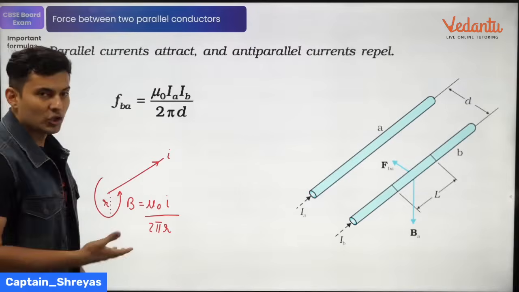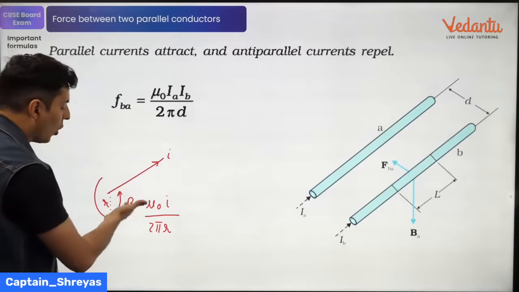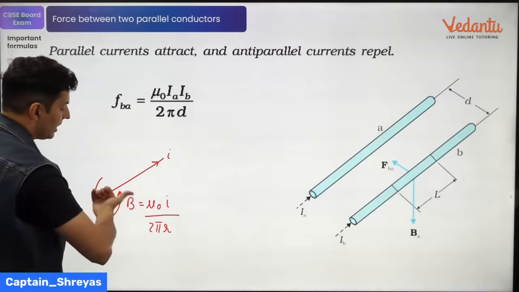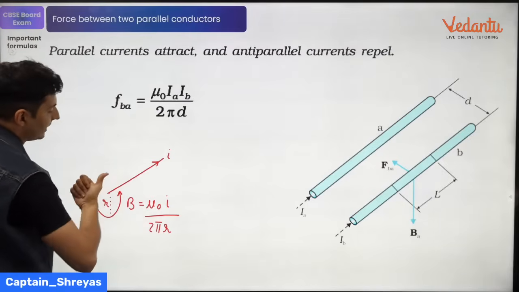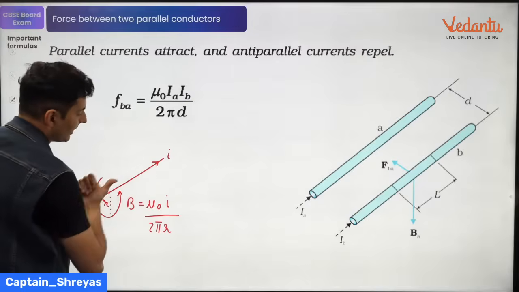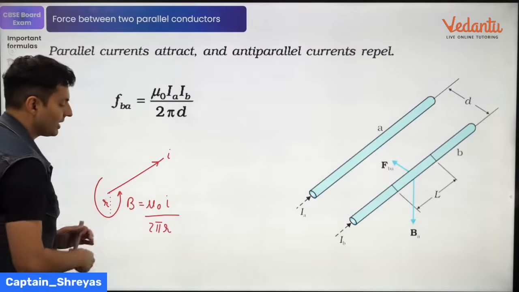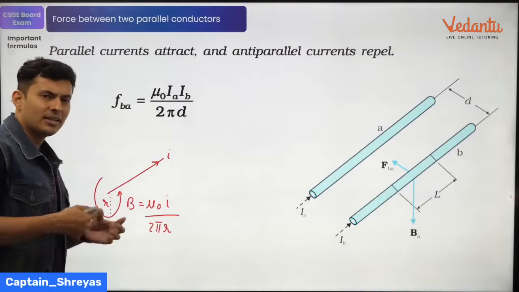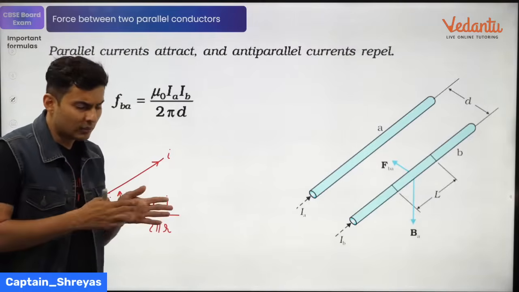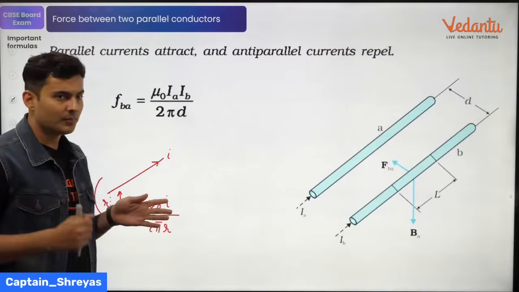So if the current is going like this, if you hold your right hand thumb in the direction of the current, the curled fingers will point in the direction of the field. So thumb is current, this will be field. So mu naught is permeability, I is current, 2 pi r is the distance at which you are measuring the field. If you go far away, the field will also reduce.